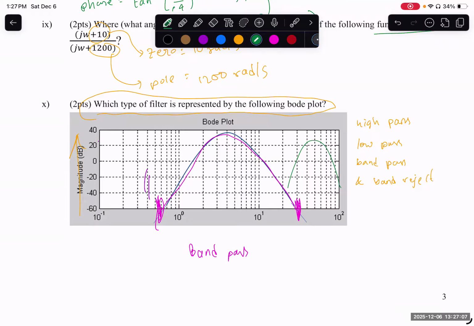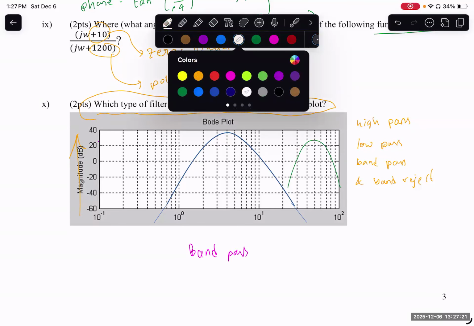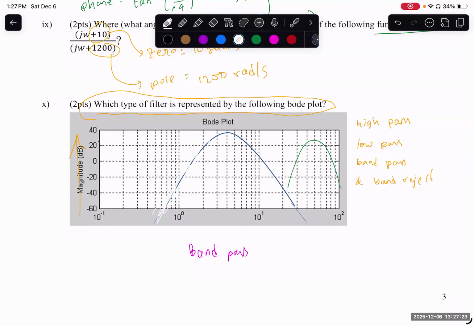Would the high pass ever come down? For sure, yeah. The high pass would be down at lower frequencies. I'll just erase this one and show you how it would look. It always has a reference frequency. How would you know if it's a high pass or a low pass?